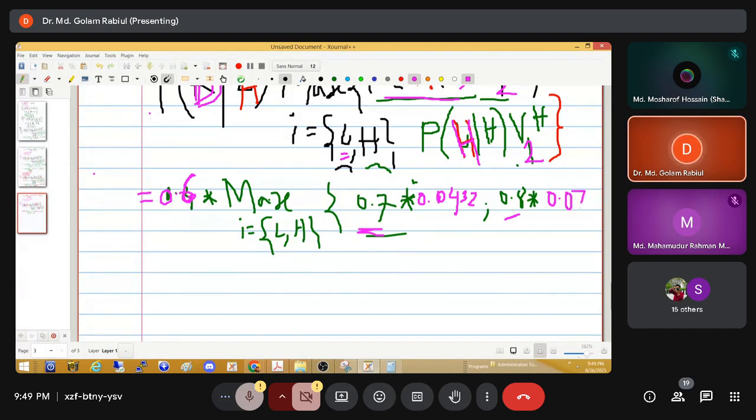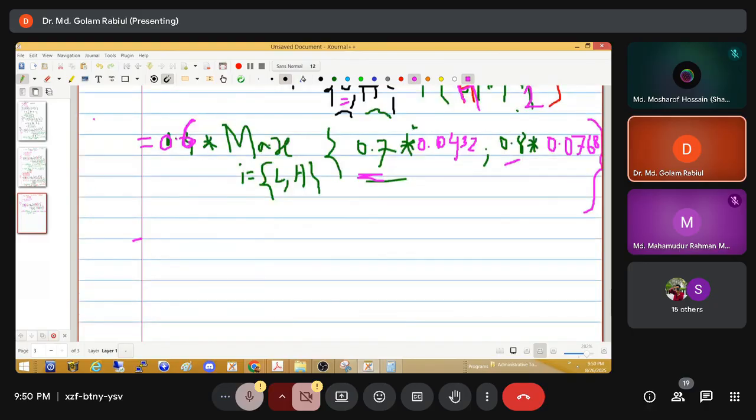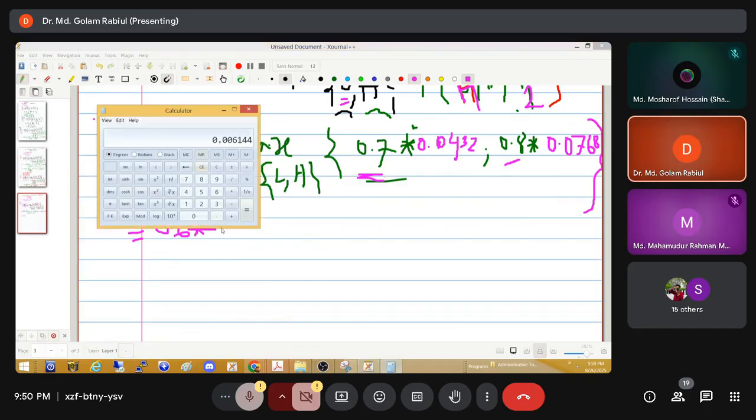And this one will be 0.6 times. Between these two, which one is maximum? At first we have to compute here 0.7 times 0.0432, which is 0.03024.